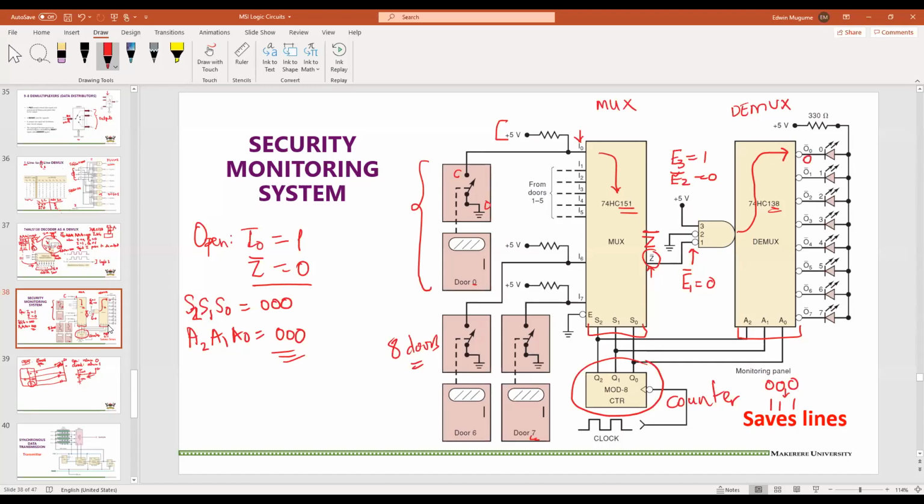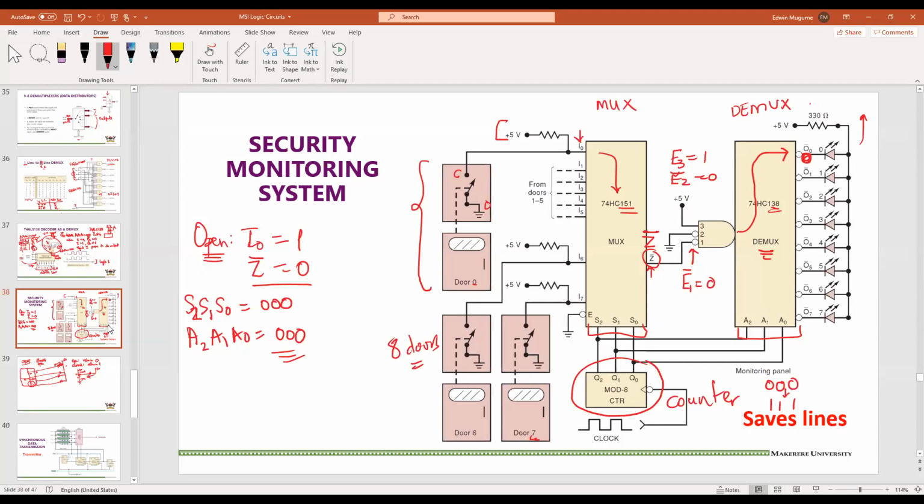It produces a 0 because this demultiplexer has been enabled. So it produces a 0, and because there is a higher potential behind this LED, you're going to have light. That is for the case when this is open. You're going to have light because the output is 0.